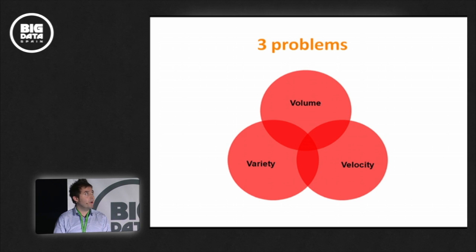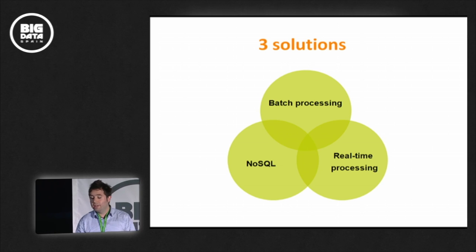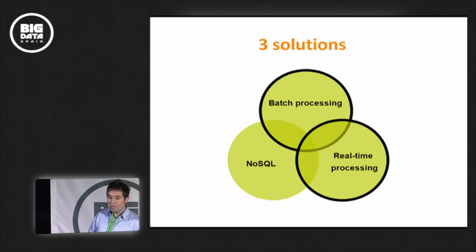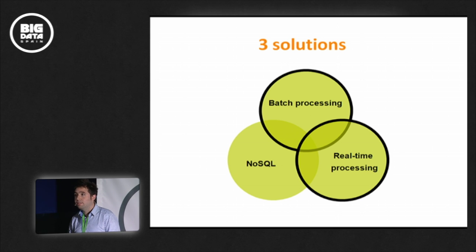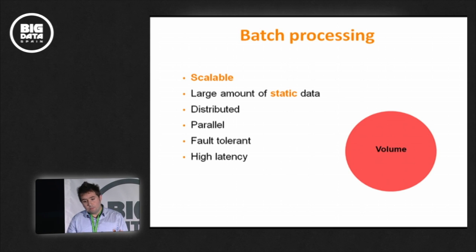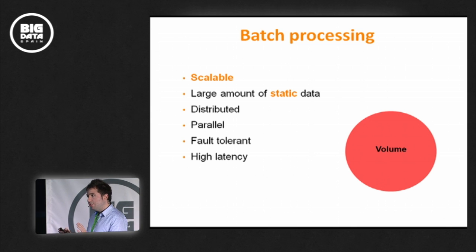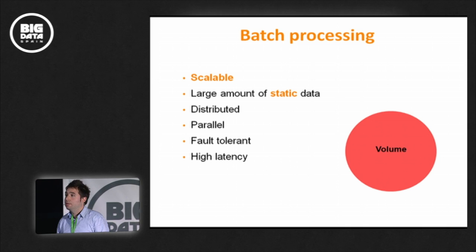So we have 3 problems: volume, velocity, and variety. But there are 3 solutions. Two of them, batch processing and real-time processing, concern data processing, which is the goal of our talk. Well, batch processing is the solution to manage large amounts of data. We say that this processing paradigm works with static data because the information is already in the system.